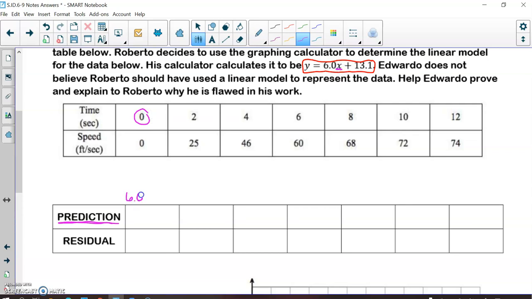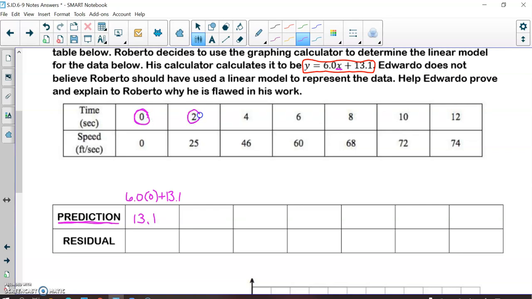So I have 6.0 times 0 plus 13.1. When I type that into my calculator, I get 13.1. That is my predicted y value. That is what the linear model predicts the speed to be at a time of 0 seconds.